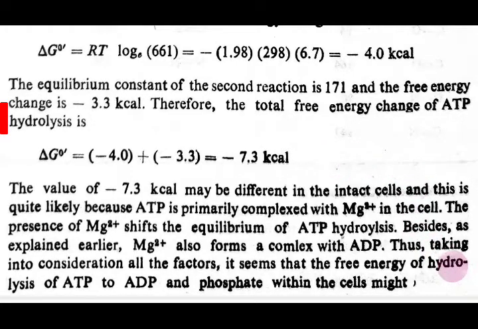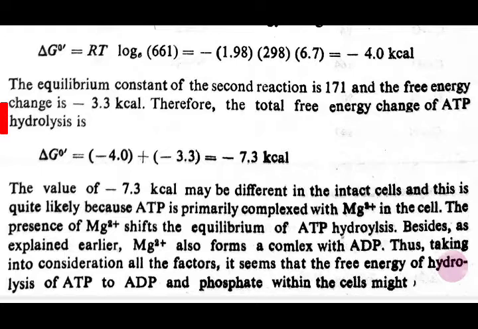The value of 7.3 kilocalories may be different in the intact cell, and this is quite likely because ATP is primarily complexed with magnesium ions in the cells. The structure of the magnesium complex of ATP has been discussed earlier when we were discussing the energy currency of cells.